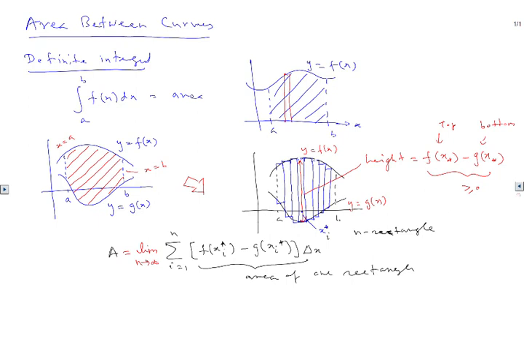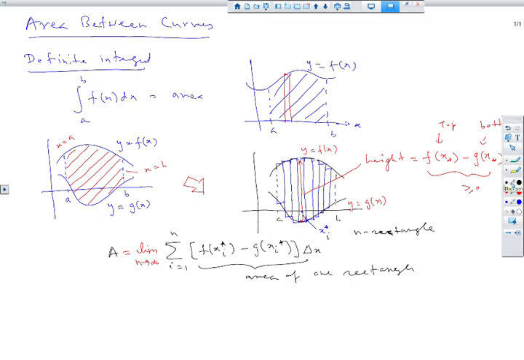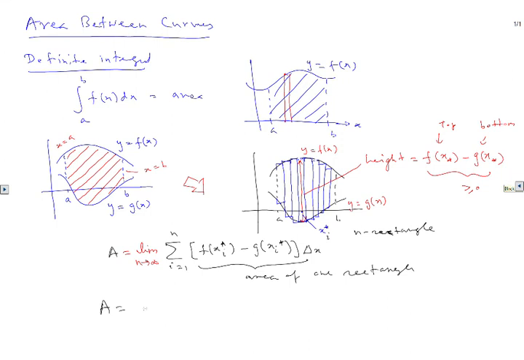So your area is going to be the integral from the starting value a to the ending value b of f(x) minus g(x) dx. Delta x becomes dx.